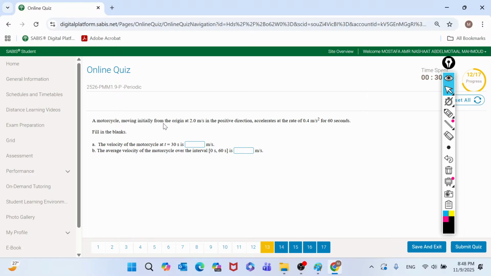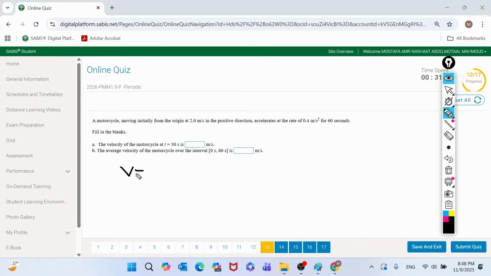A motorcycle moving initially from the origin at 2 meters per second in the positive direction accelerates at a rate of 0.4 meters per second squared for 60 seconds. Okay, so the velocity of the car at t equals 30.